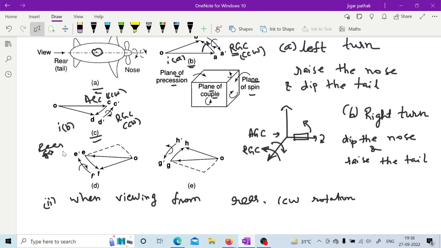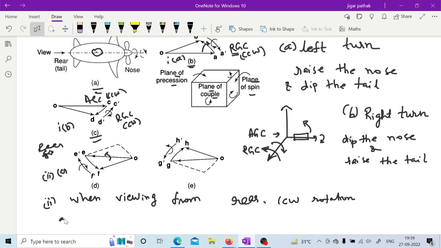With anti-clockwise direction, it will be towards the viewer. If it is clockwise, then it will go away from the viewer. So here this will be 2A.